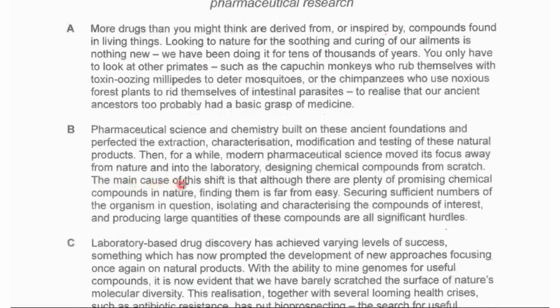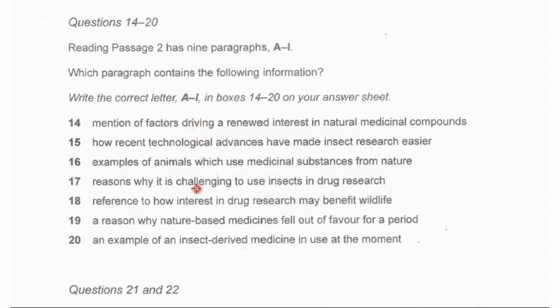The main cause of this shift are, can you see the reason? So I don't need to waste my time. Number 19 is paragraph B. Can you see the way I am picking my answer based on keywords? We don't need to waste time. We are reading the passage to answer questions. We are not reading the passage to understand the passage.